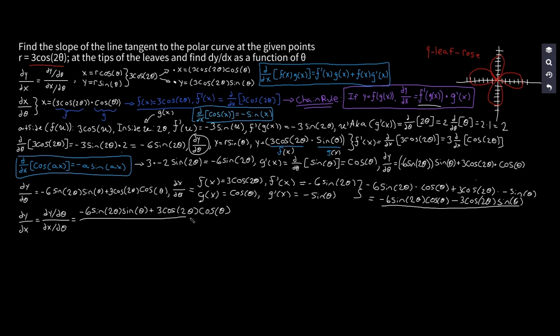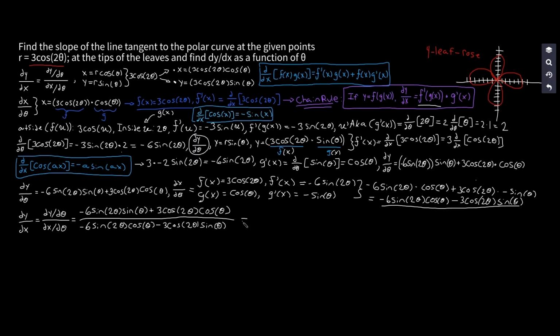This is going over what we have just calculated, -6 sine of 2 theta times cosine of theta minus 3 cosine of 2 theta times sine of theta.